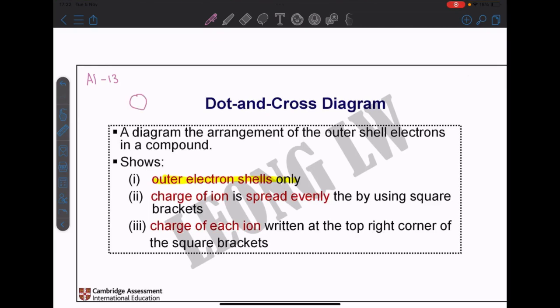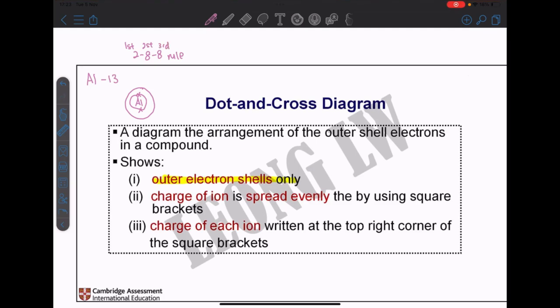As we know, the rule says our first shell has to occupy 2 electrons. Our second would be, the rule is the 2-8-8 rule. So this is the first shell, second shell, and third shell, and so on.